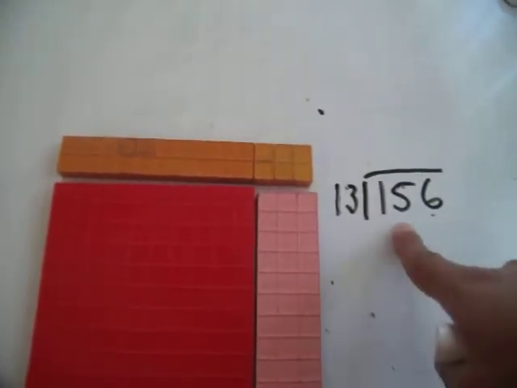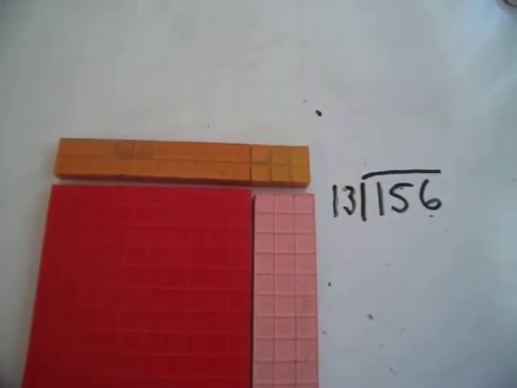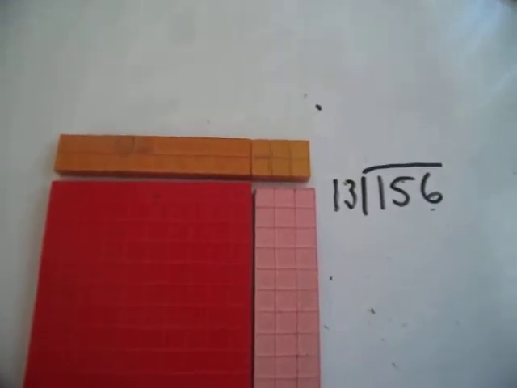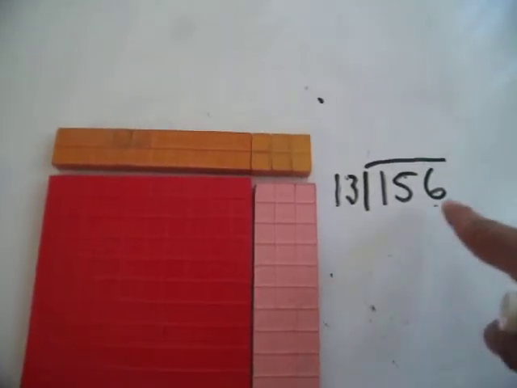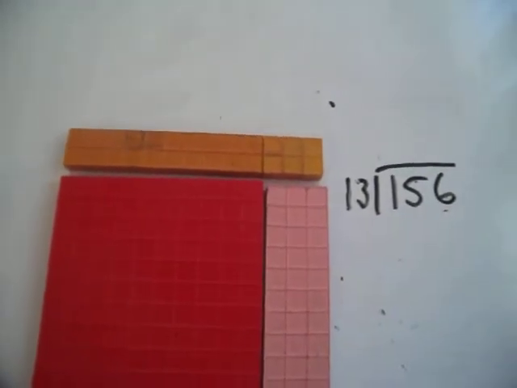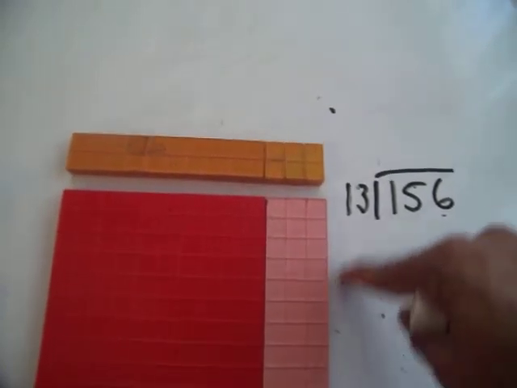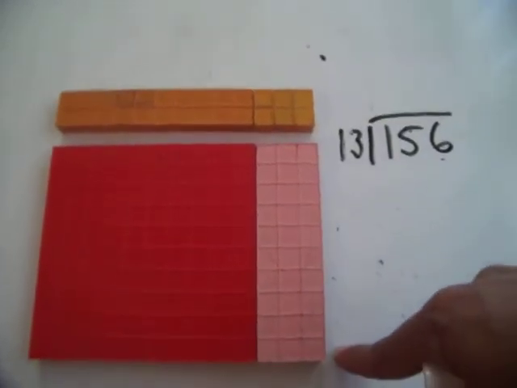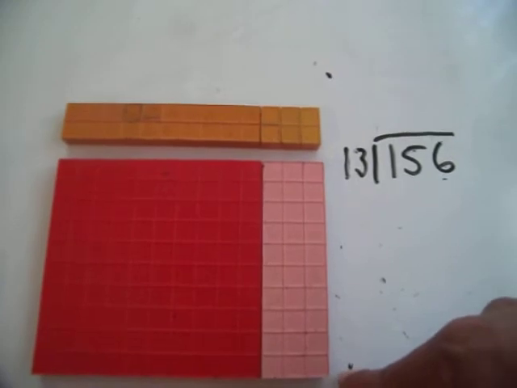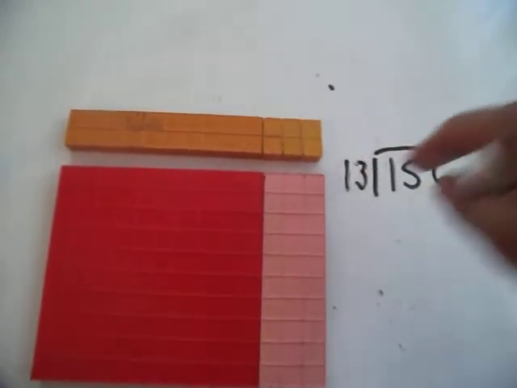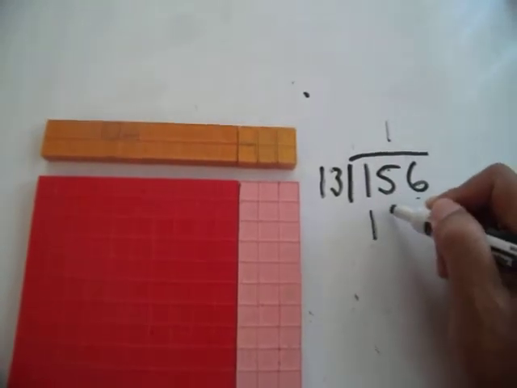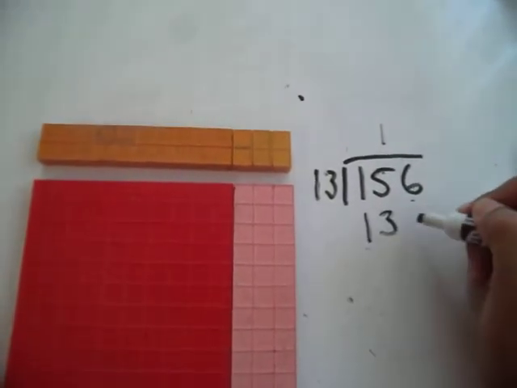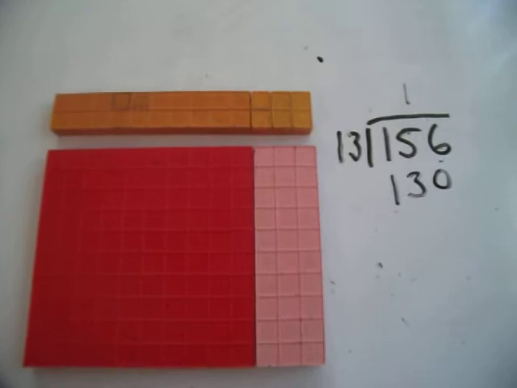How many 13s are contained in 15? That's the way they try to teach it. Well, let's talk about how many 13s are contained in 156. That's what we need to do. As I go over here, there's 10 of them. They change the pattern and try to count from the bottom to the top. So I count 10, and then I have 130.